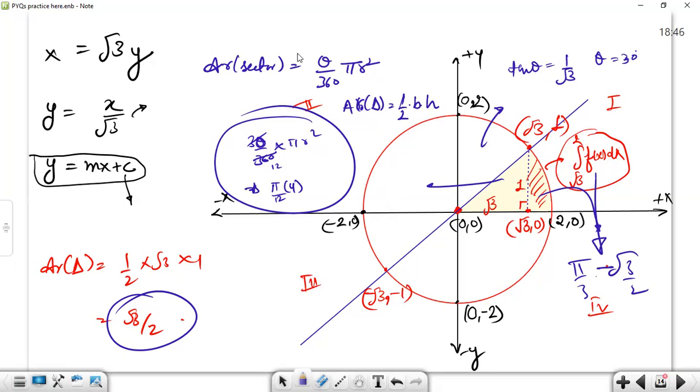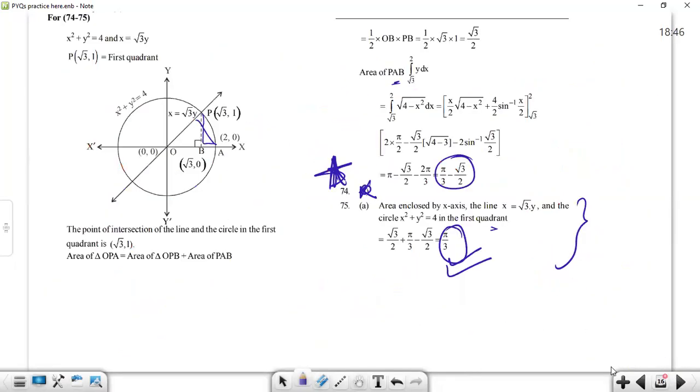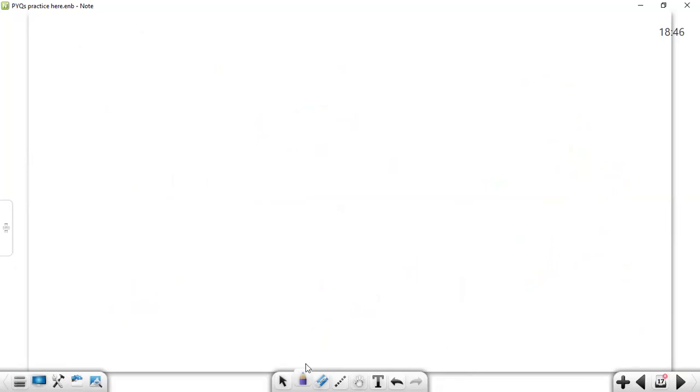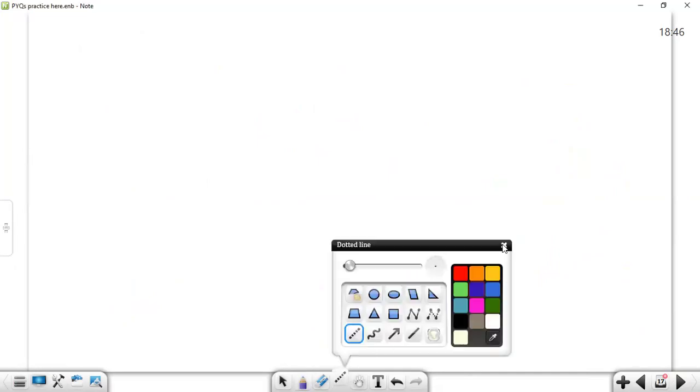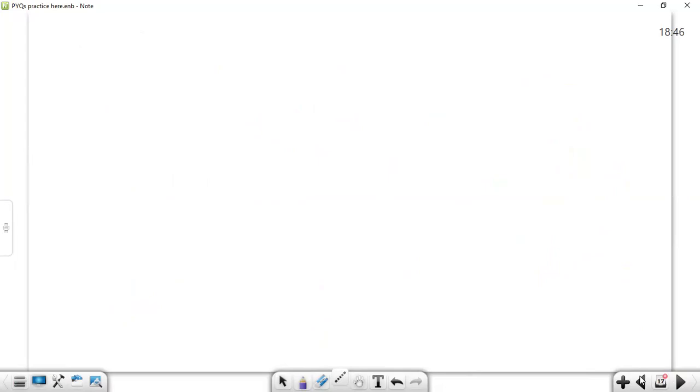Yes, sir. Okay, so let's move ahead. Do you want me to solve this question with another method also? Other method means without integration. Yes, without integration. Okay, sir. Should I solve? Yes. Okay. So without integration, you have to just make the diagram first correctly.